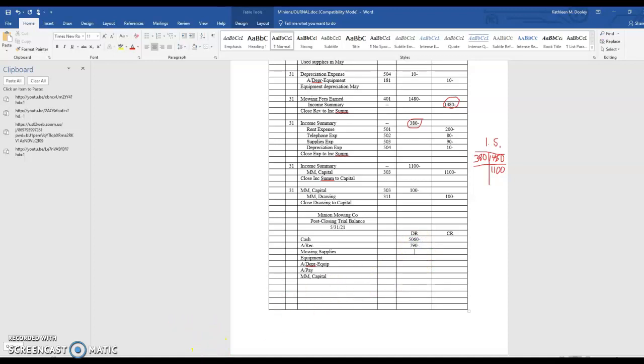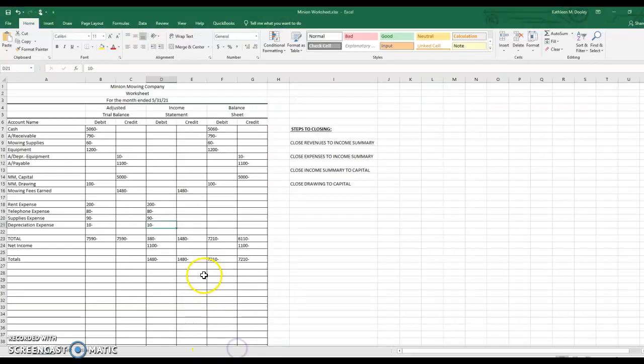Okay, and or we can look here. Okay, supplies, mowing supplies is 60, equipment is 1200, and accumulated depreciation is 10.